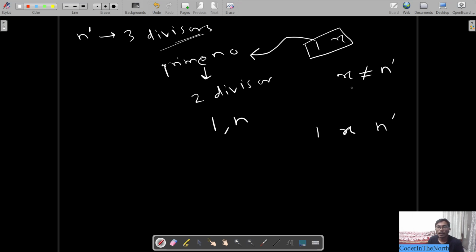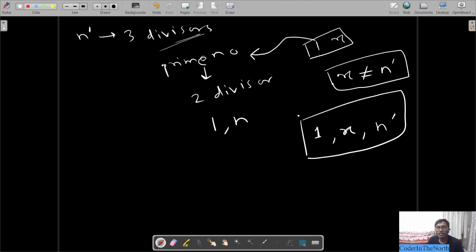So we have only three divisors: 1, x and n dash, where n dash is the t-prime number. Of course 1 will be a divisor, and some x. So if x is not equal to n dash but x is a divisor, what can the number n dash possibly be?